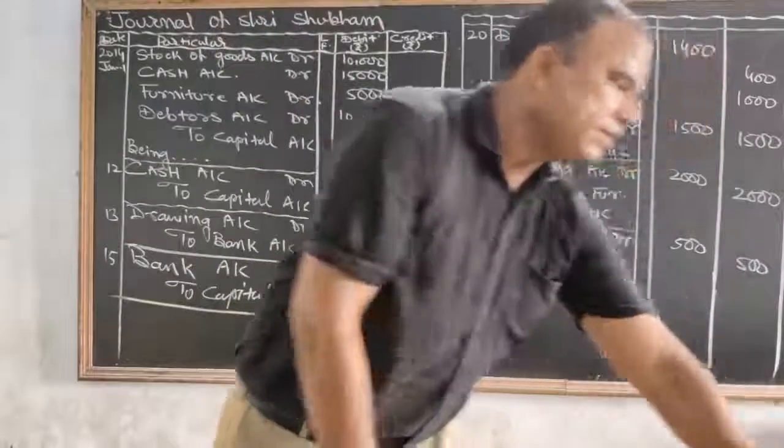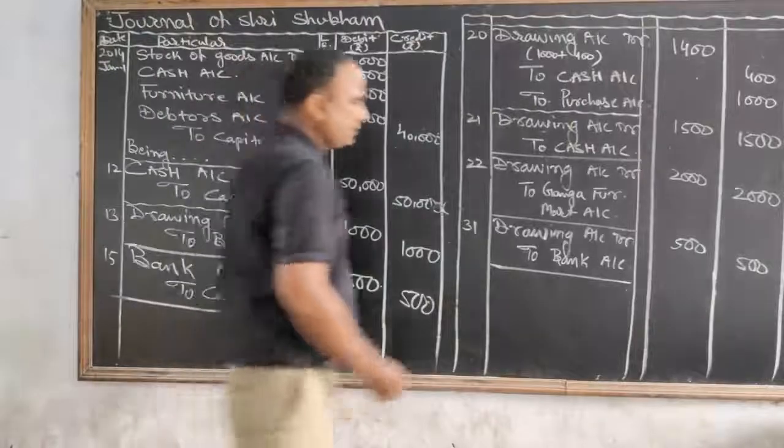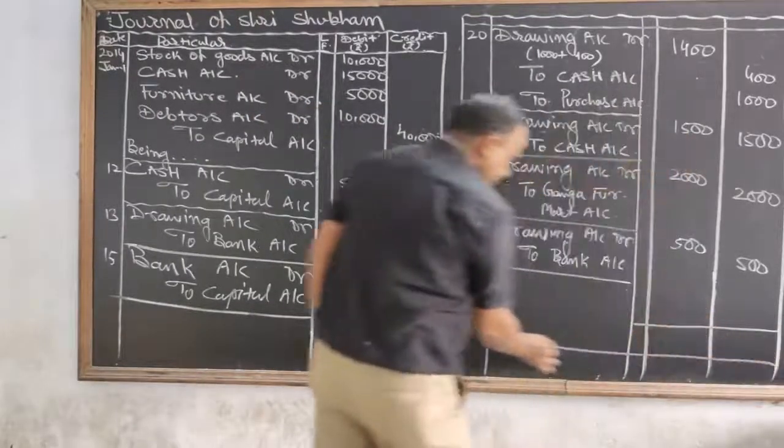Now all the journal entries are complete. Now make the total for both sides. दोनों साइड का आपको टोटल करना है.